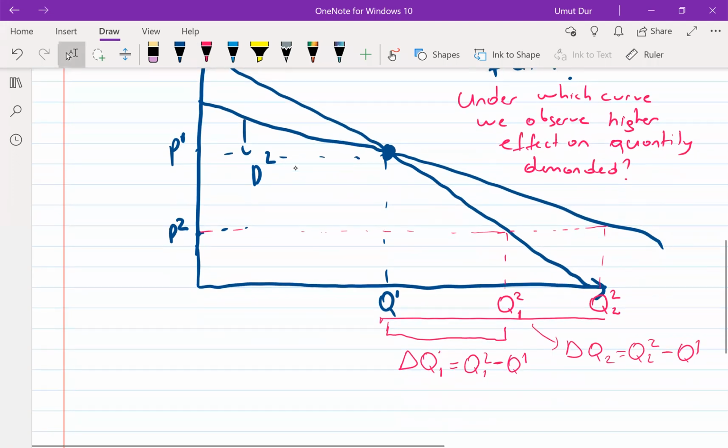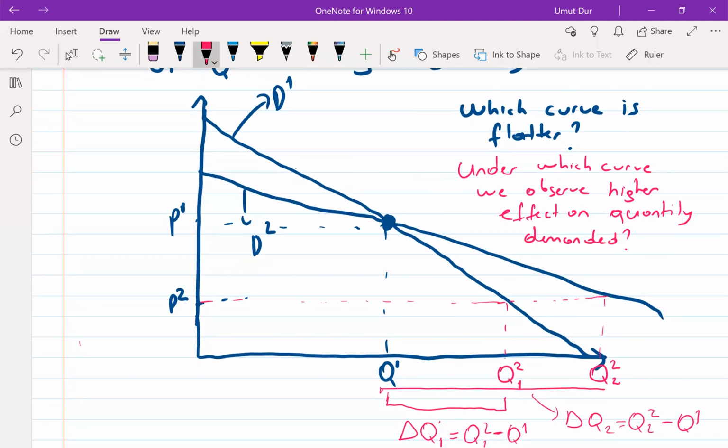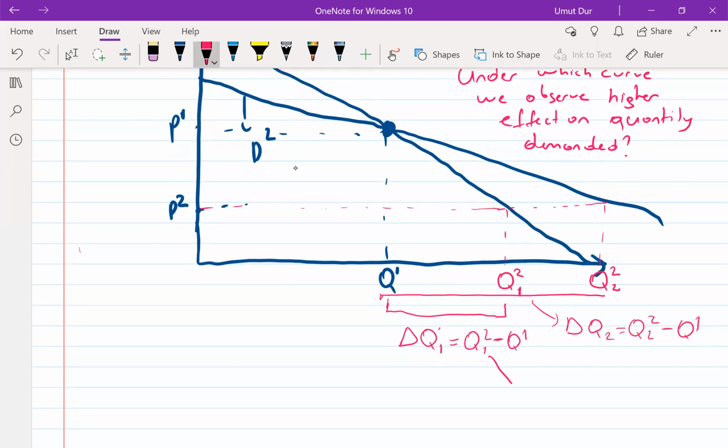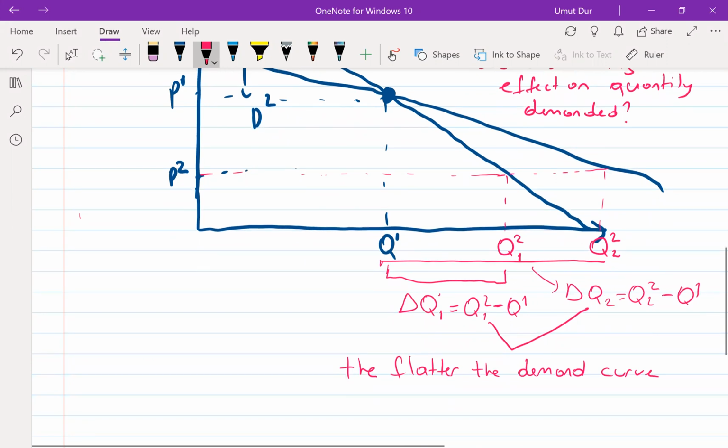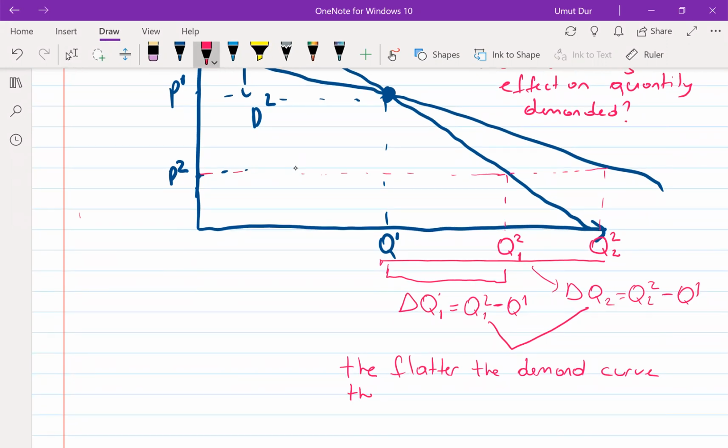Good. Which means that the flatter the demand curve, remember which one is flatter, the second one, the more elastic it is.